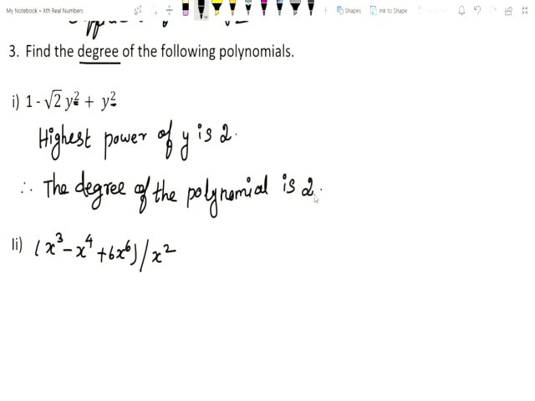You understand, children? What is degree, children? The highest power of the variable is called degree. Here the highest power is 2. So the degree of the polynomial is 2.